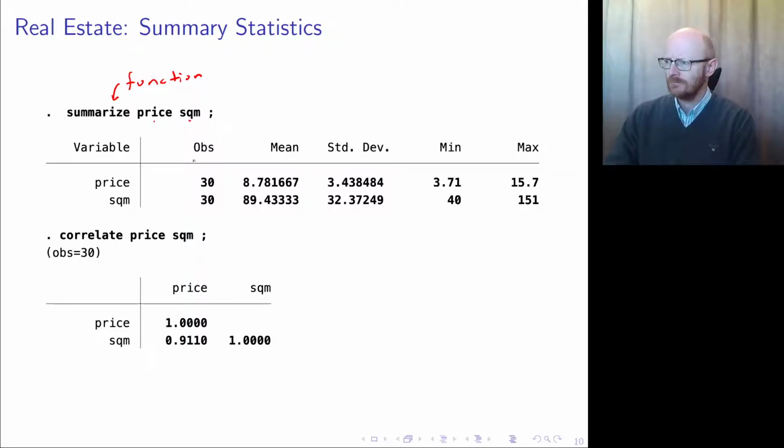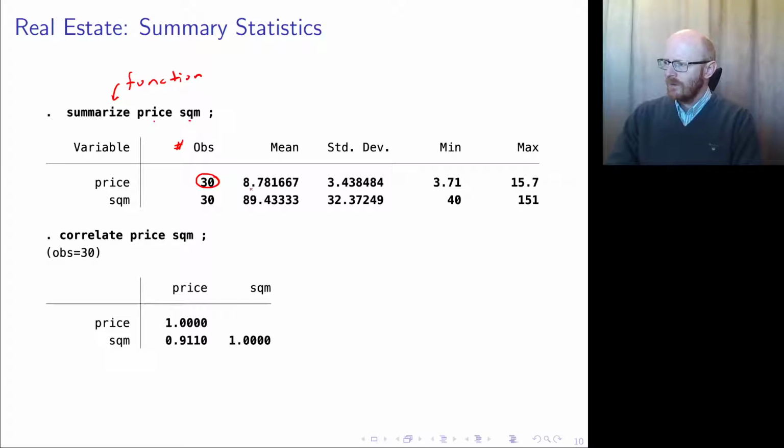What we see here is that the number of observations is 30, and so this means that we have 30 data points with the price and the size of each apartment.